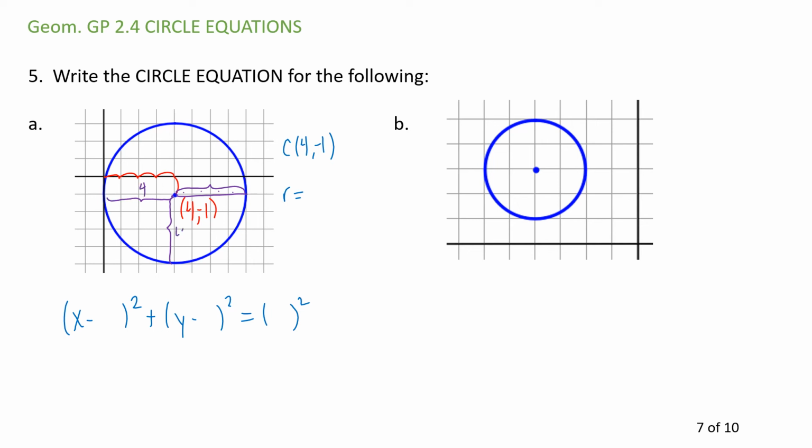It's just that it's easy to count along the lines. You can't count blocks along a slant, but you can count blocks there. So plug in your x, plug in your y, plug in your radius. The center is 4, negative 1, and the radius is also 4.